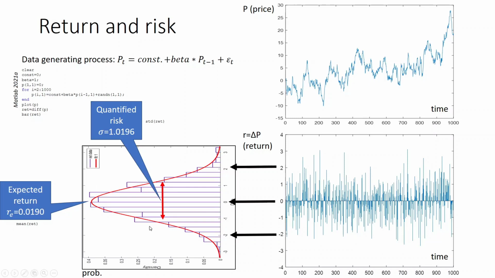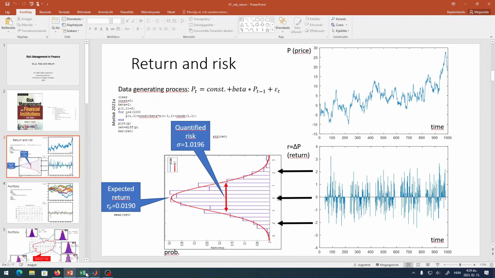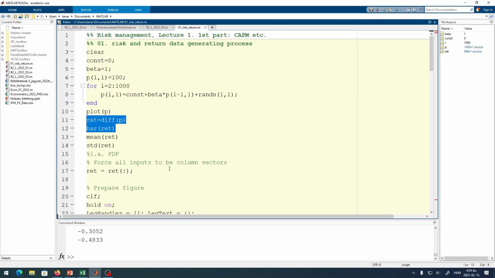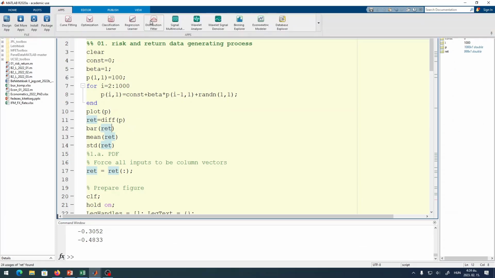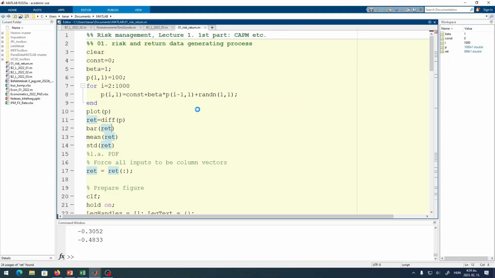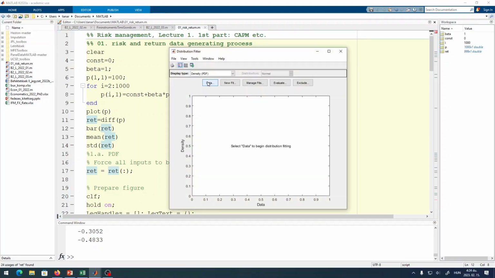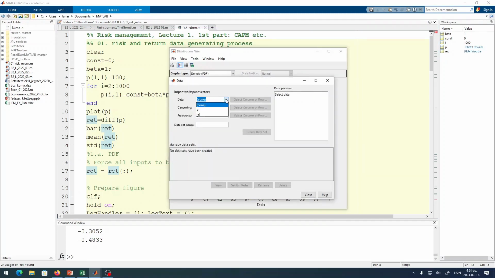If you would like to do the same thing in Matlab, then we have already the returns, and in the applications we have the distribution fitter, and once it's loading in, then we can set the data to returns, nothing more.